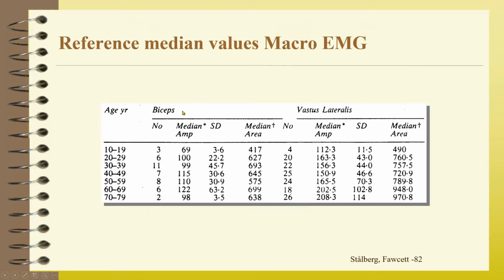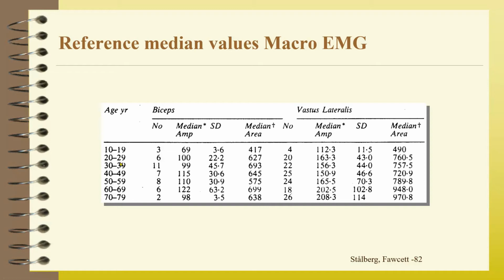Here is for biceps and vastus lateralis, for example, where the median value is 70 up to 120, and in the vastus lateralis it is from 110 up to 210 with different age decades.